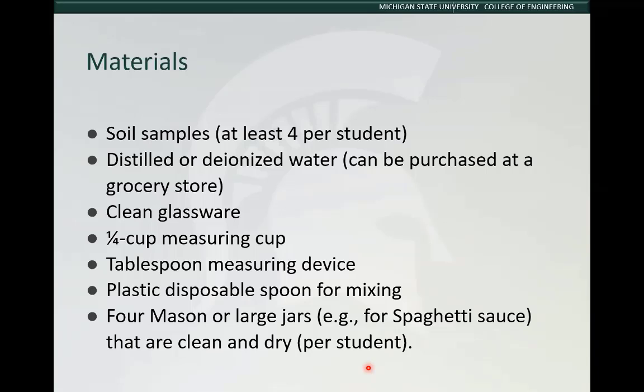You could probably use a 1-liter Gatorade bottle. You just need something that you can put the soil in, that you're going to let it settle, and then you will measure, and we'll explain what you'll do for the soil type.